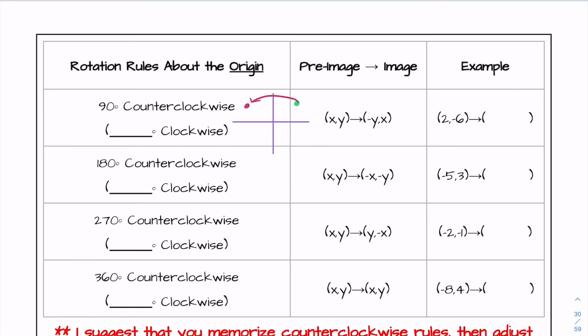How much is that clockwise? So how many total degrees is it if I go clockwise? Well, how many degrees in a circle? 360. So 360 minus 90 is 270. So this is 270 degrees clockwise.